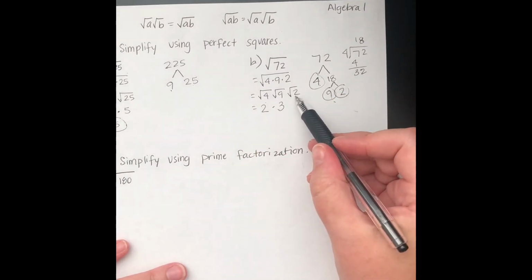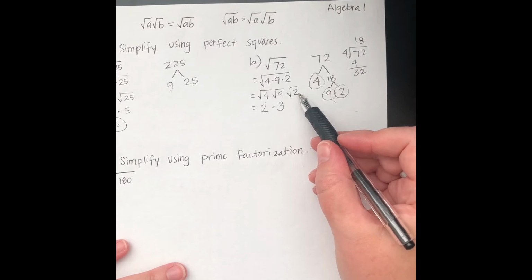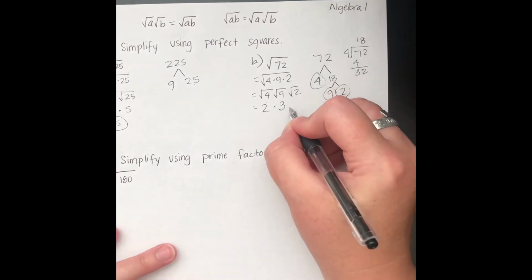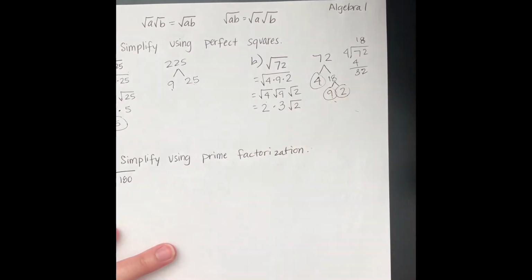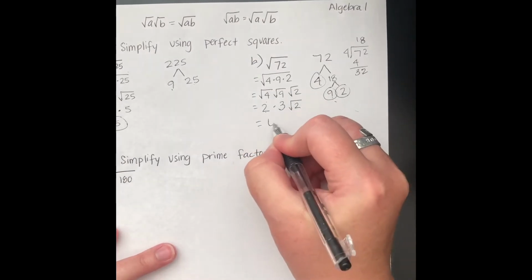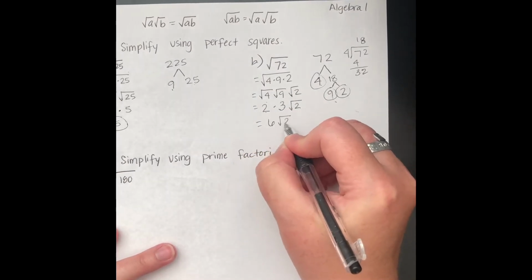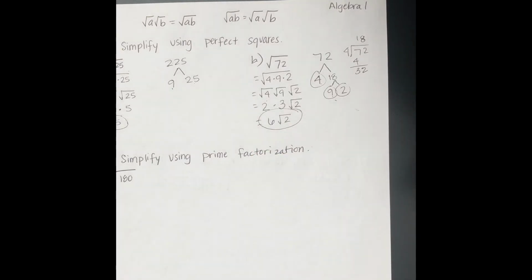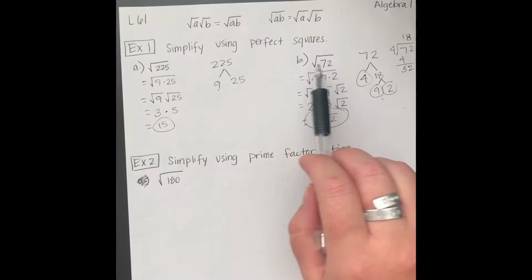There's not a number that you multiply 2 times the same number to get 2. Well, there is, but it's not a perfect square. So I'm going to leave it as the square root of 2. The 2 and the 3 can be multiplied together. You have 6, and then times the square root of 2. And that's your answer.